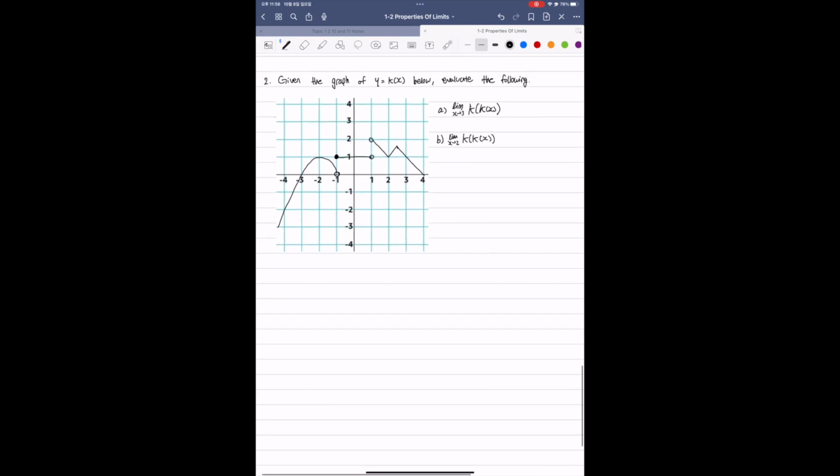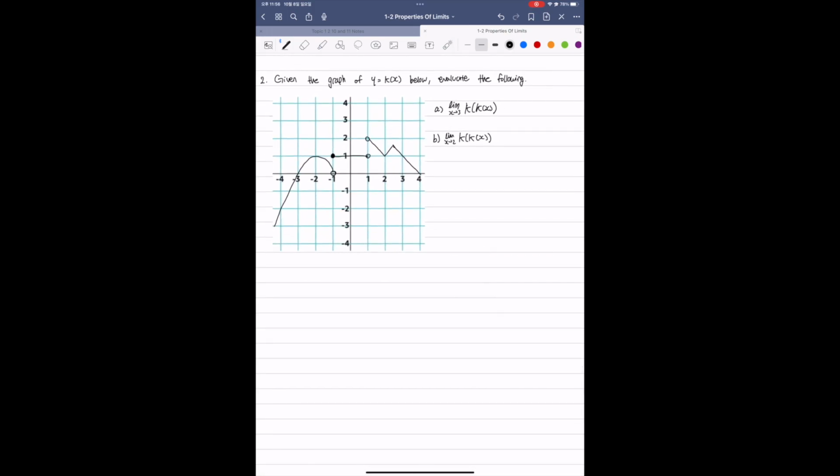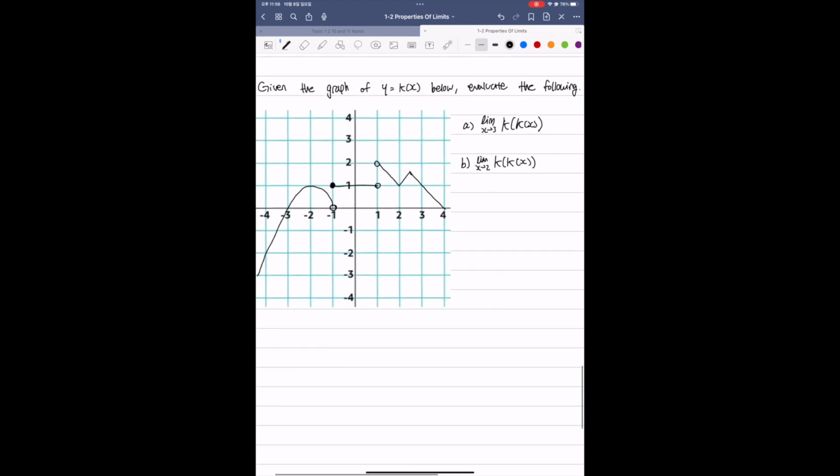Number 2, given the graph of y equals k(x) below, evaluate the following. So for the first, we have to see which way x is going. We know that x is going towards 3, which is over here.